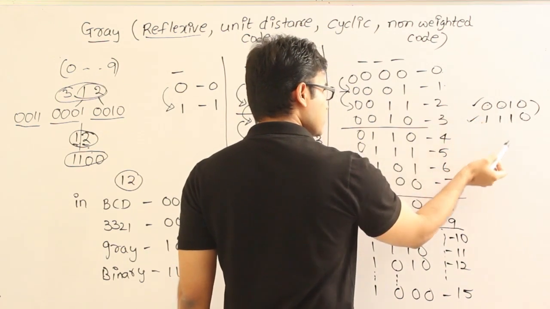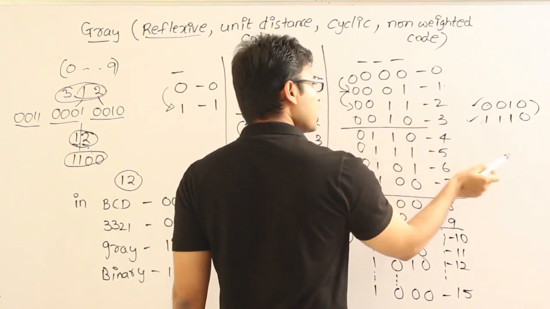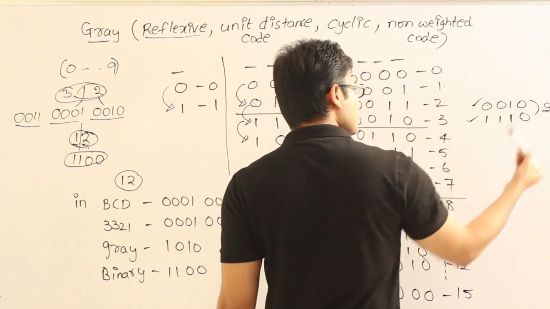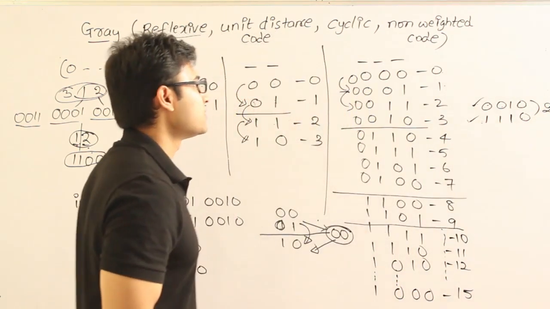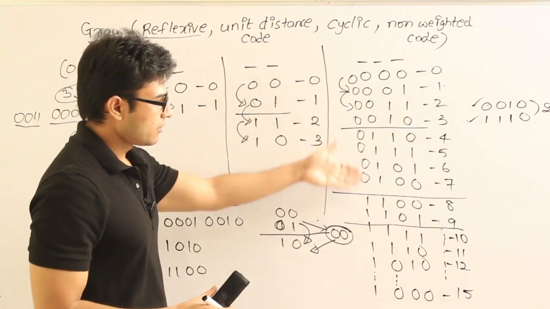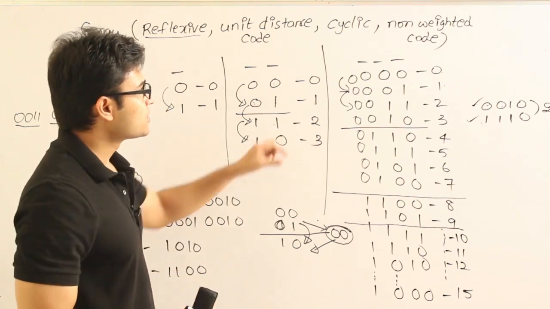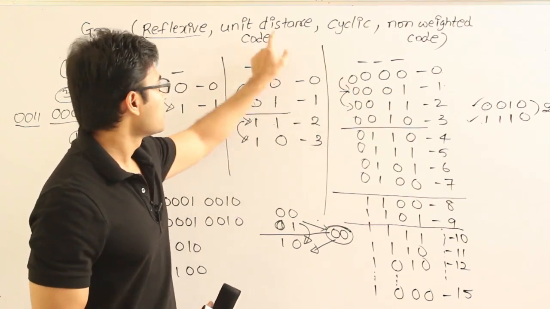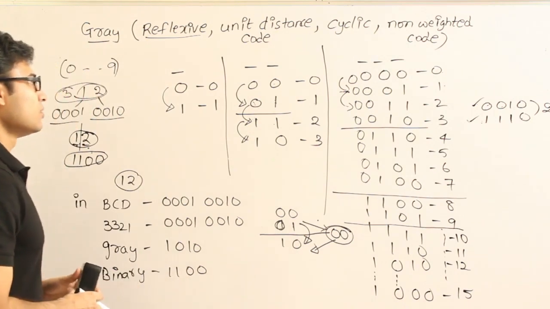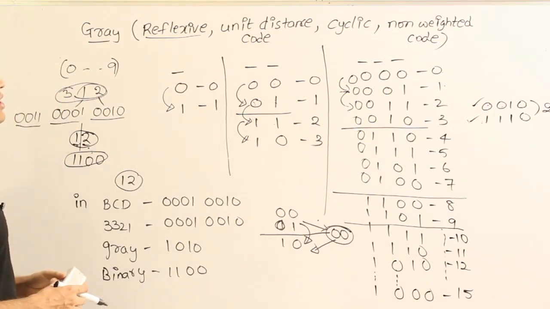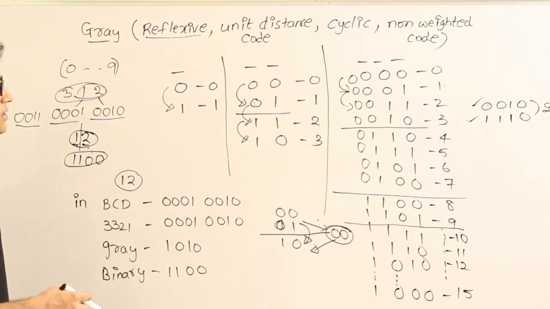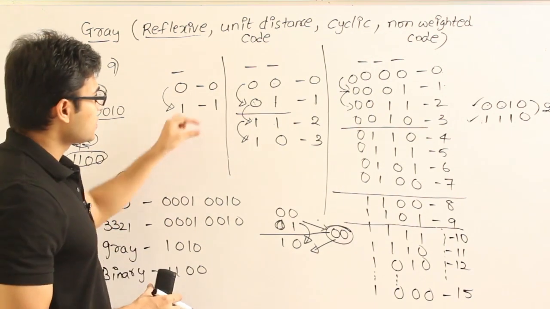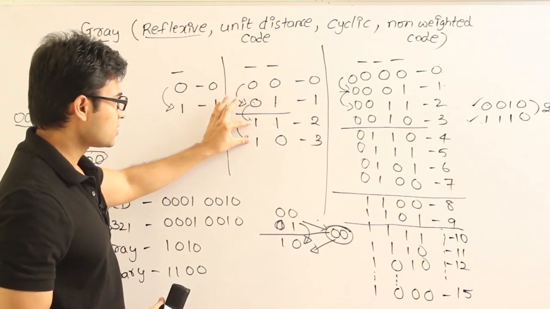Therefore two changes are required to convert one number to the other, so the distance is 2. That is how we measure the distance. And now if you observe here, the distance between every two successive numbers is simply 1. That is why it is called unit distance code. And the second thing is, it is called cyclic code. Why is it called cyclic? It is not just the distance between successive numbers, which is 1.